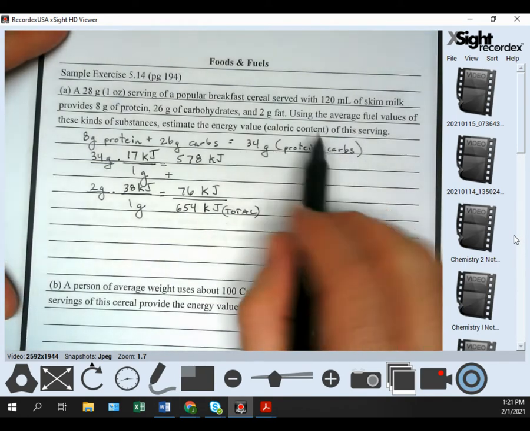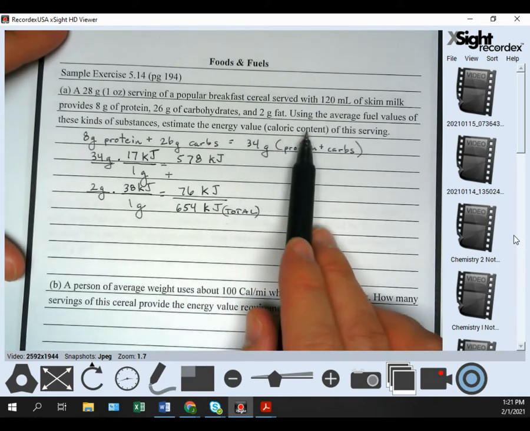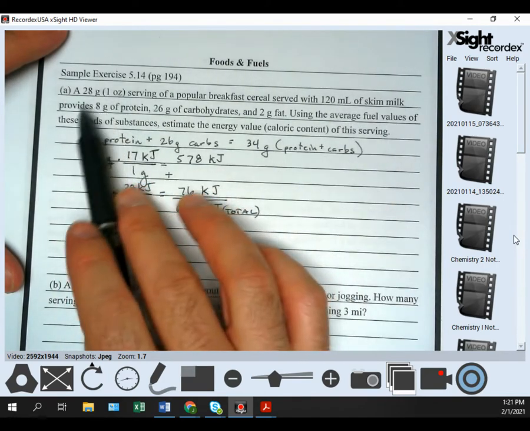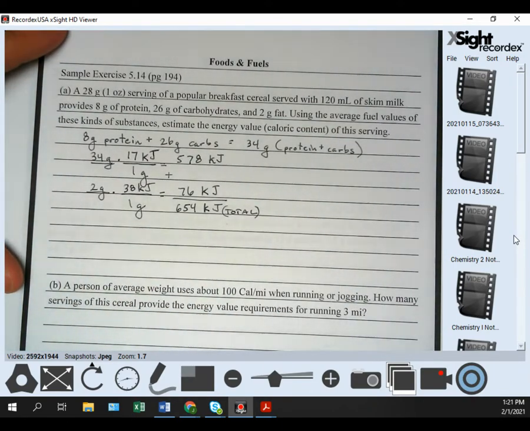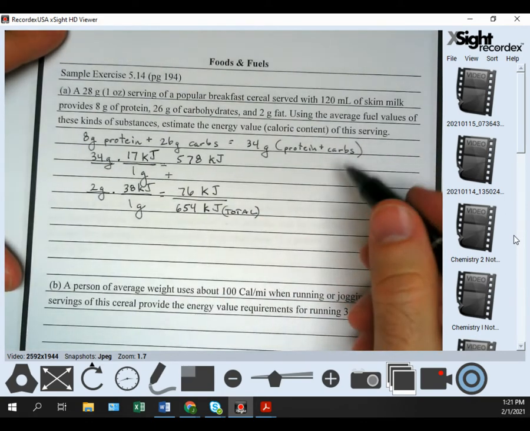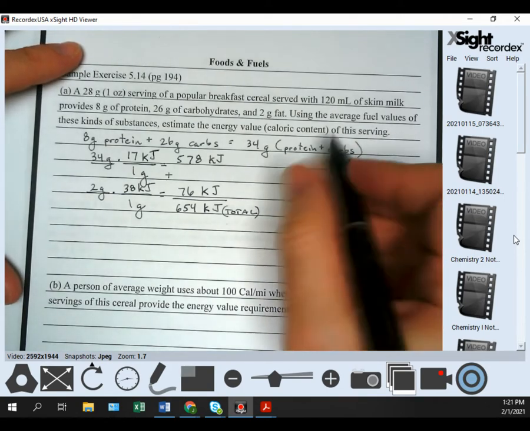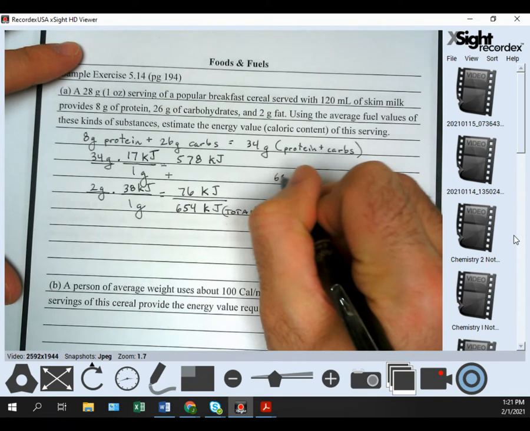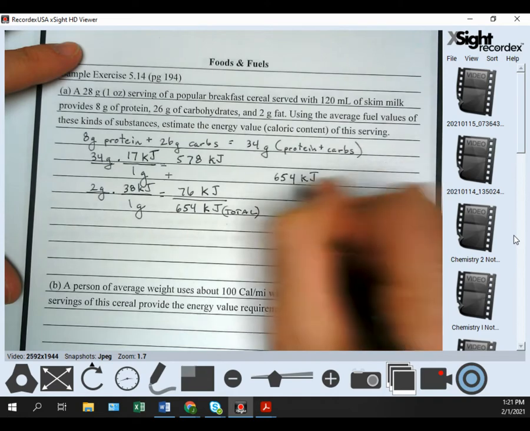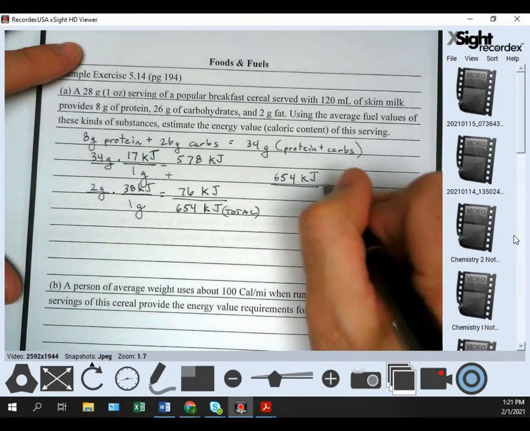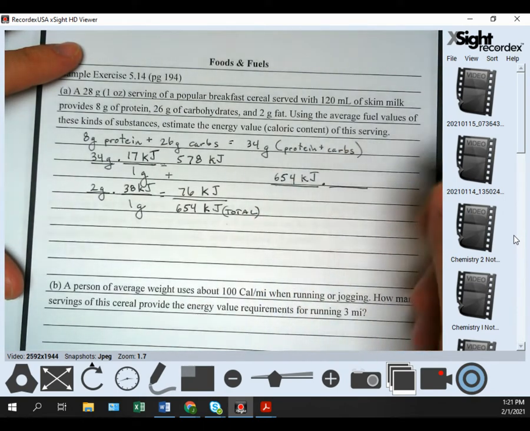Now, it says it wants the energy value, the caloric content of the serving, which they've already given us. So the first thing I'm going to do is convert the 654 kilojoules into, actually, I'm going to convert this into calories.